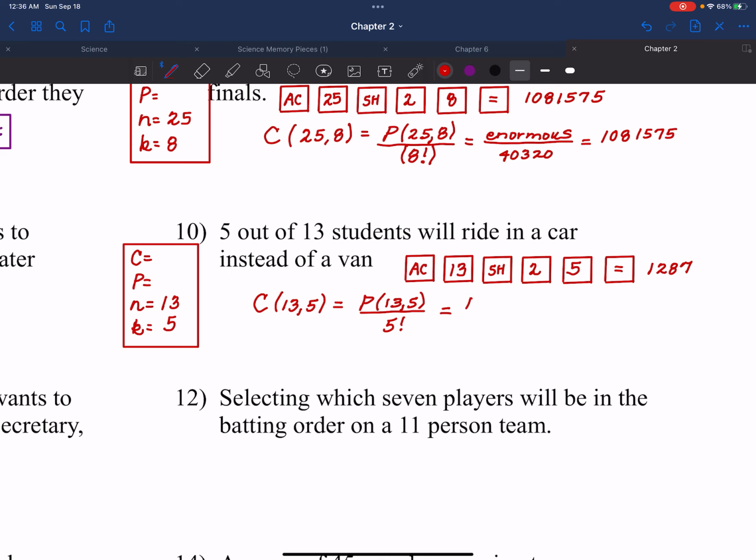And that's big. Over 5 factorial. Do you remember what that is? 120. So 154,440 divided by 120 is 1287.